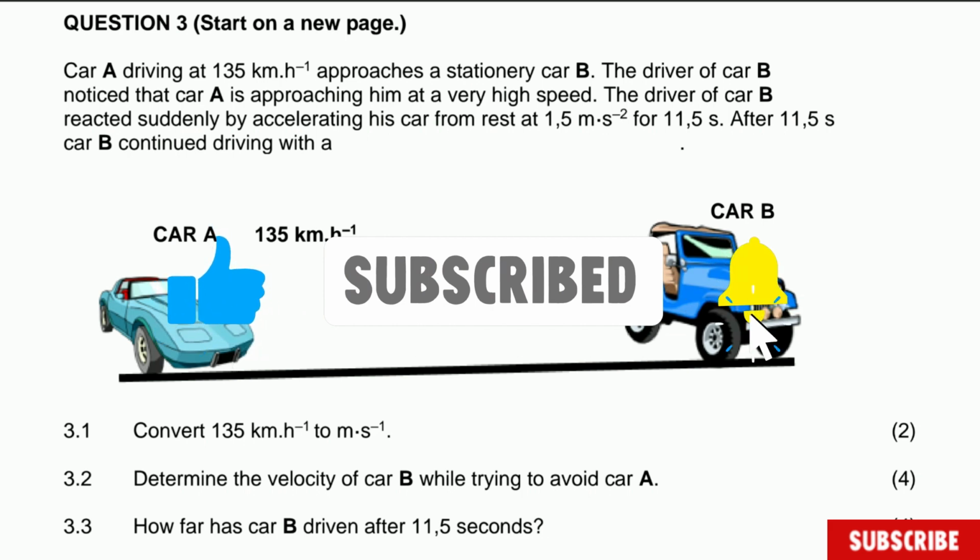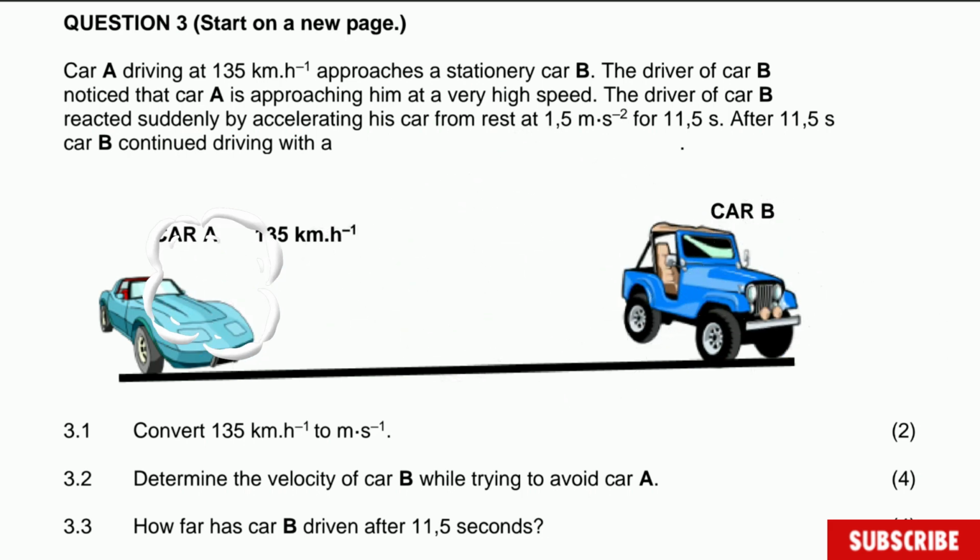This question is question 3 from the Gauteng province, done in 2022 at the final examination. This question says a car A driving at 135 kilometers per hour approaches a stationary car B. Car B is stationary, therefore the initial velocity of car B is equal to 0.